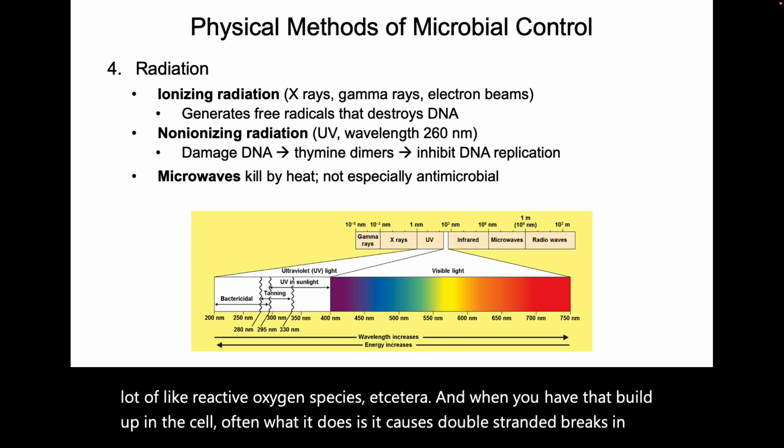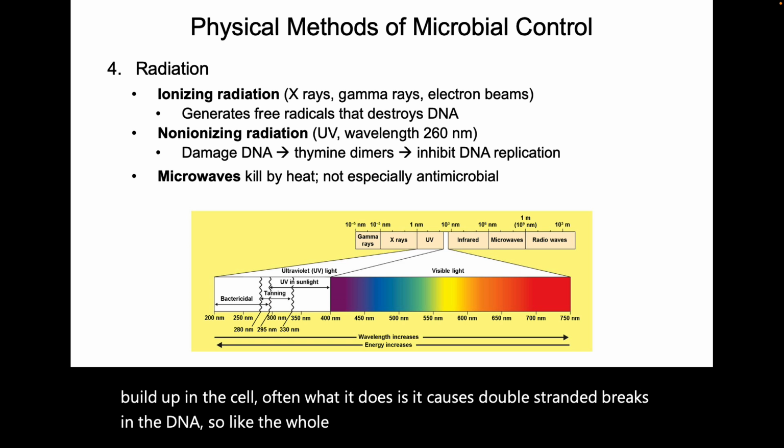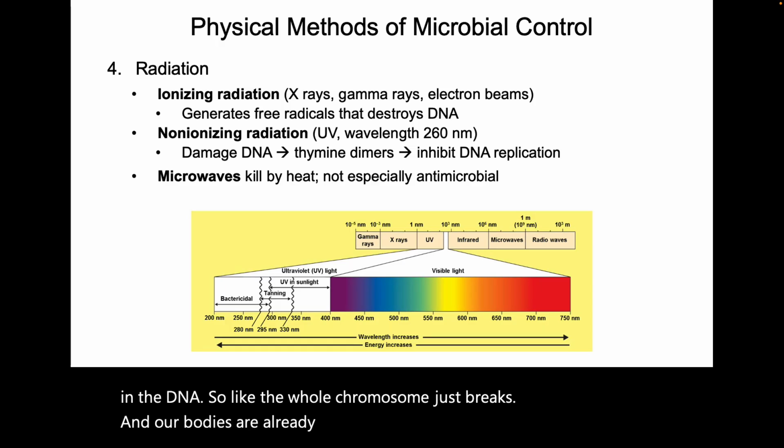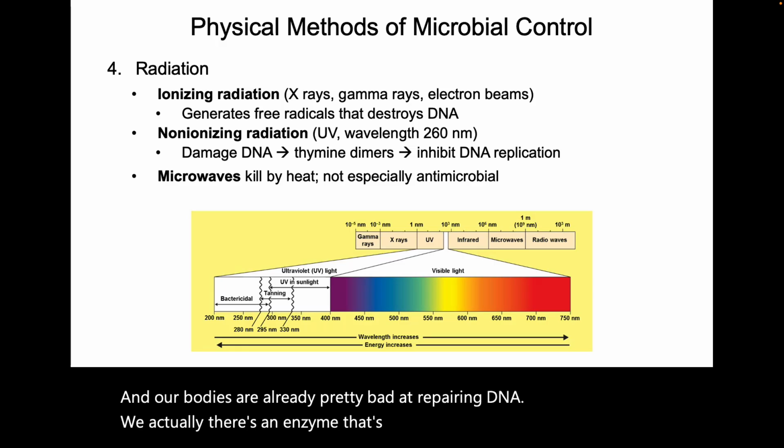So the whole chromosome just breaks. And our bodies are already pretty bad at repairing DNA. There's an enzyme that's supposed to fix thymine dimers, and we lost it during our evolutionary history.